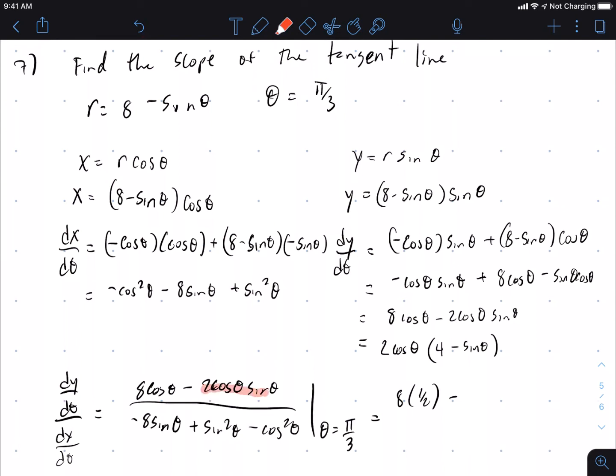Can't I rewrite that as sine 2 theta? Yeah, you can. So then at pi over 3, that'd be 2 pi over 3, sine of 2 pi over 3. Is that a half? No, it's rad 3 over 2.